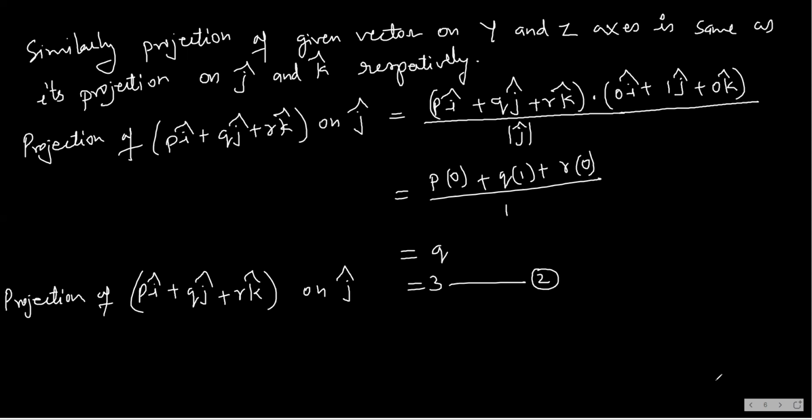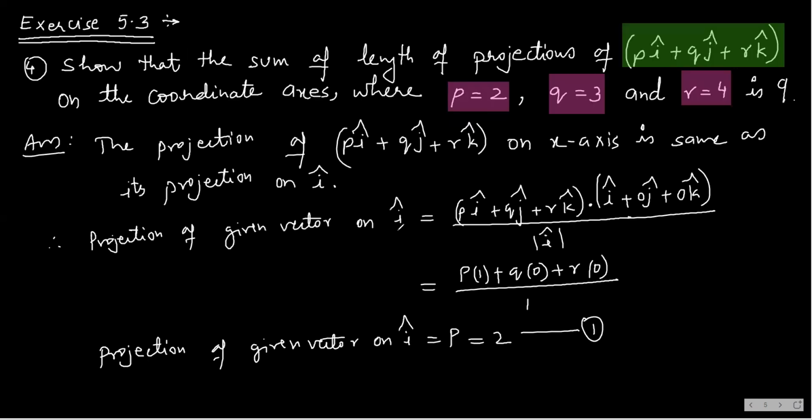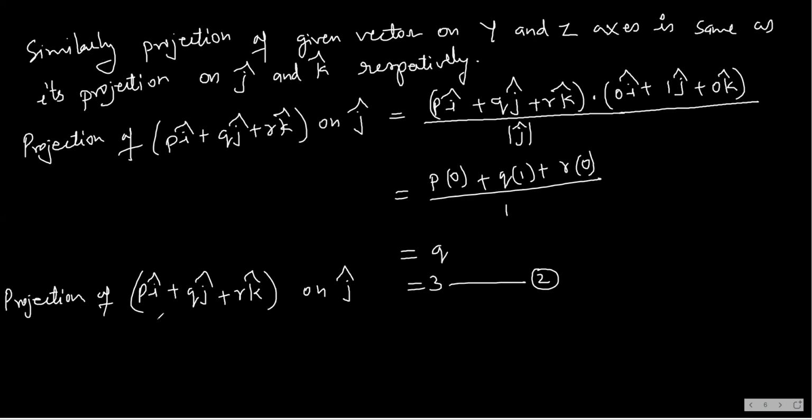Now, as you saw, the projection of the given vector on I cap was only p. The projection of the given vector on j cap was q. So the projection of the given vector on k cap will be simply r.